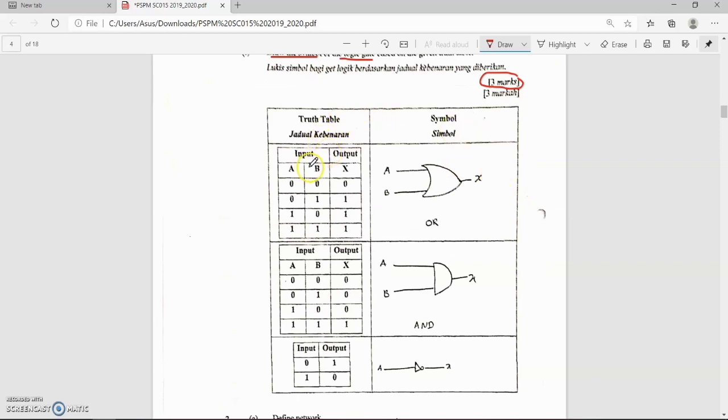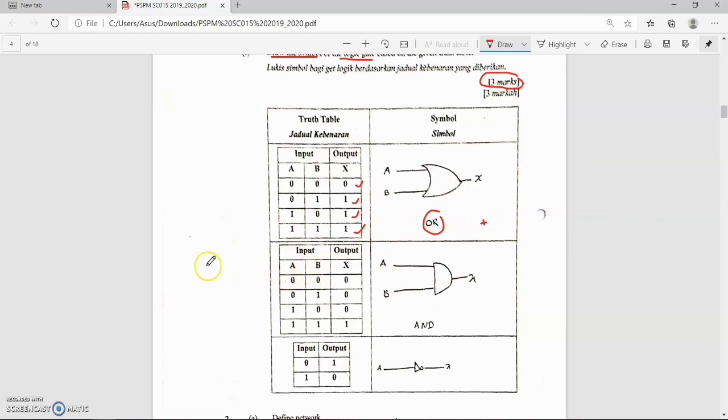You have 2 inputs, A and B. So 0, 0, 0. Okay, 0, 1, 1, 1, 0, 1, 1, 1 become 1. So if you see, it produces false only when all inputs are false. Okay, so this will be OR gate.